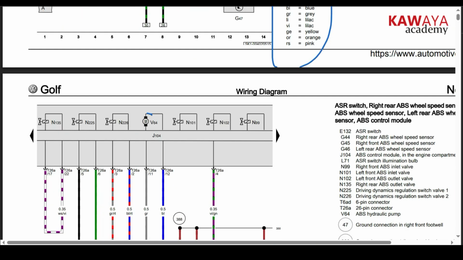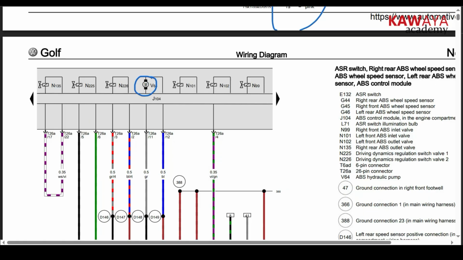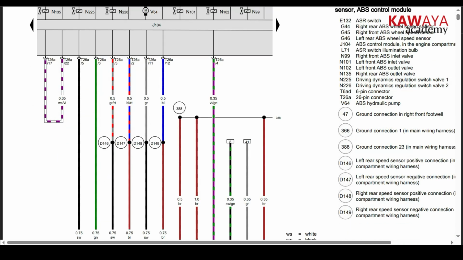Okay, we have this motor symbol. We can see this is V64. We come here. Okay, our pump. This is a valve symbol. If you come here, you have N101, the ABS inlet valve and so on. So you can see different symbols.